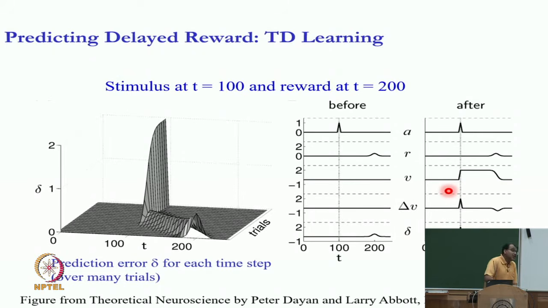So, their long term value includes the reward, the value that they are going to get, and so that becomes high, because right at the point they hear the bell, they know that I am going to get food. So, their value has increased, the long term value over life has increased.